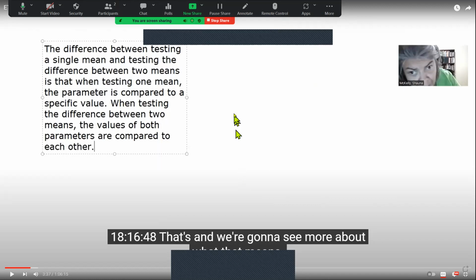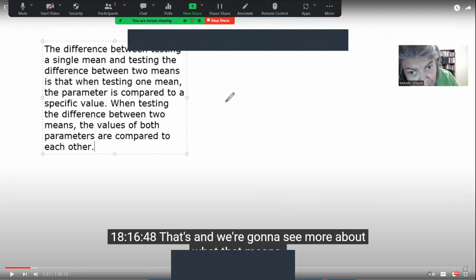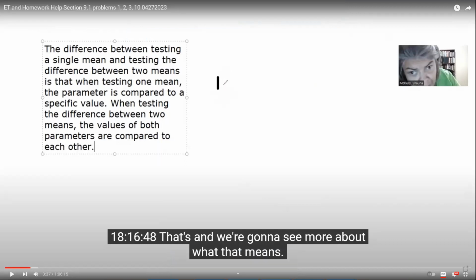So essentially what's happening here is when we were testing one mean, it was something like H0: mu is equal to, say, 72, right? We're comparing the mean to some number that we know. We're comparing the parameter to some value that we have. In 9.1 and the following sections, we get something like this. We're comparing two means together.